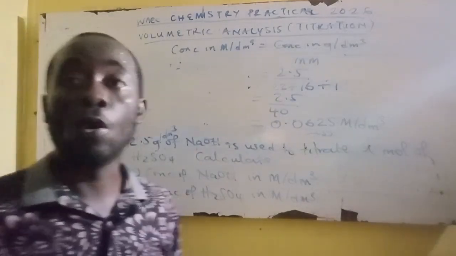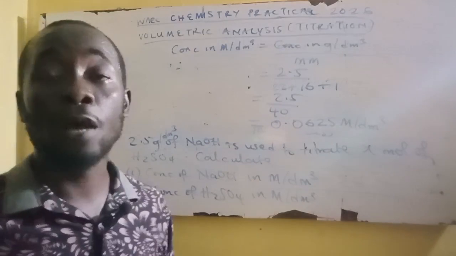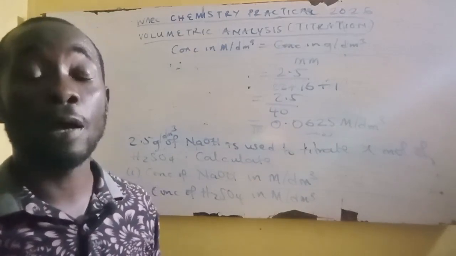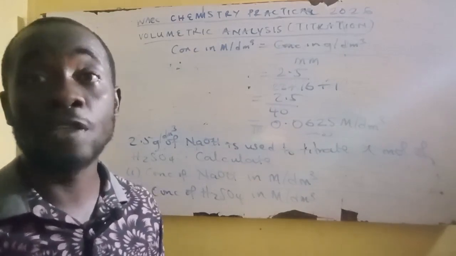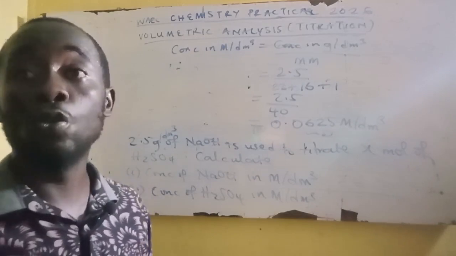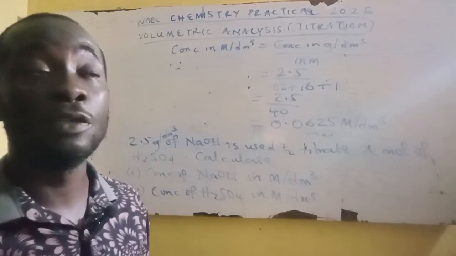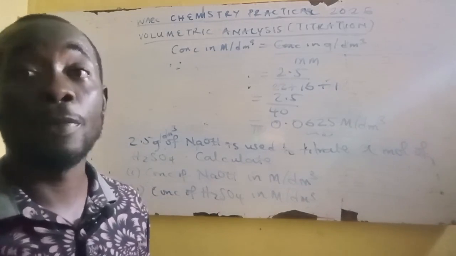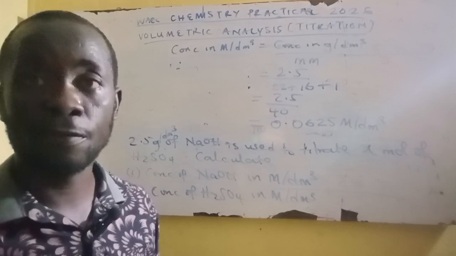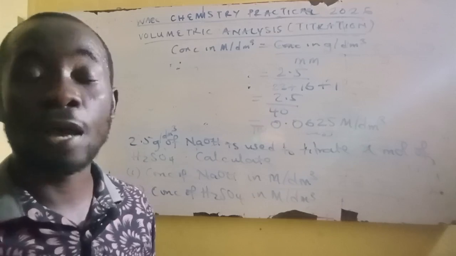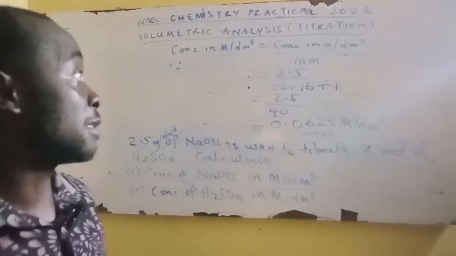Now we've already got our mole per dm cube. Thank God we have known the volume of our acid, which is the average titer. We also know the volume of our base, which is the volume of the pipette, which is 25 centimeter cube.